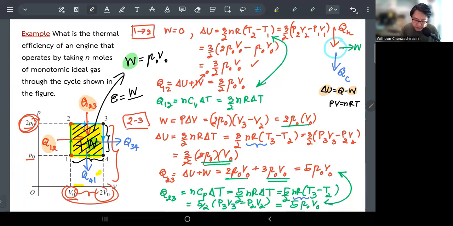So Q12 and Q23 serve as the Q hot flowing into your system. So that's it. I take the W that I already know and plug it in there, followed by Q12 plus Q23, and I get the efficiency calculated. I'm done. Okay. Questions?